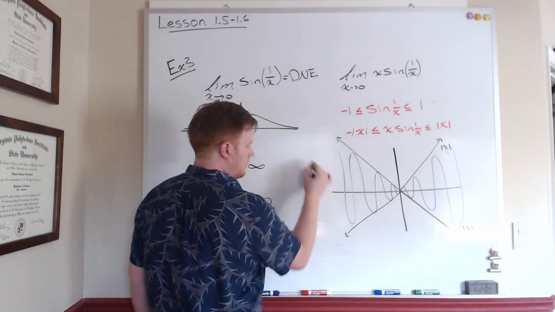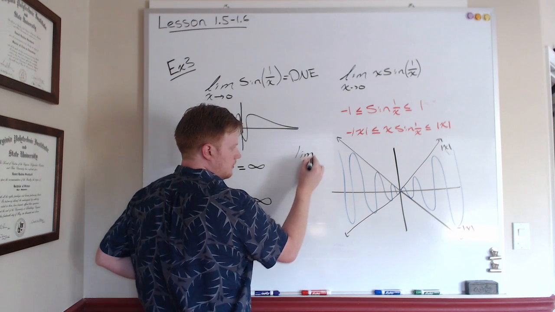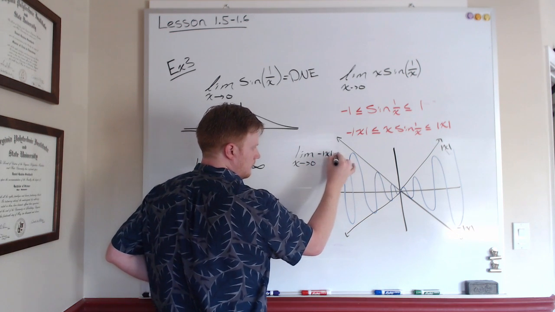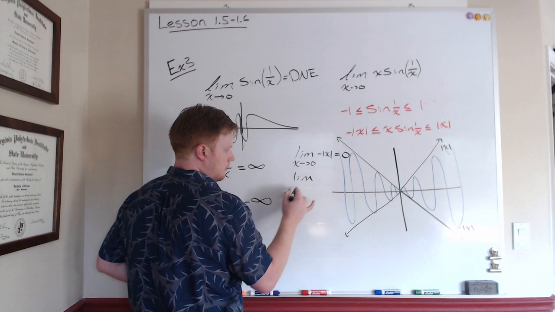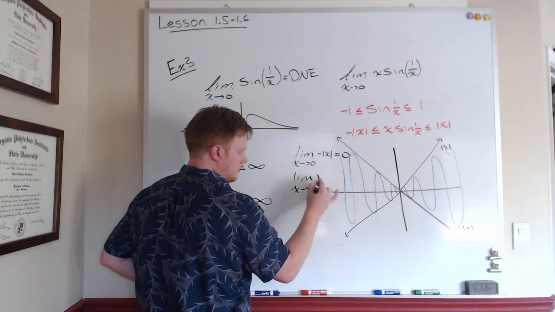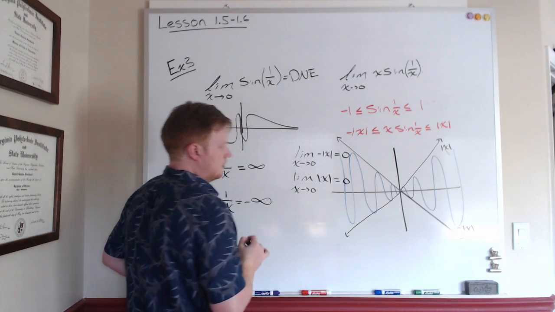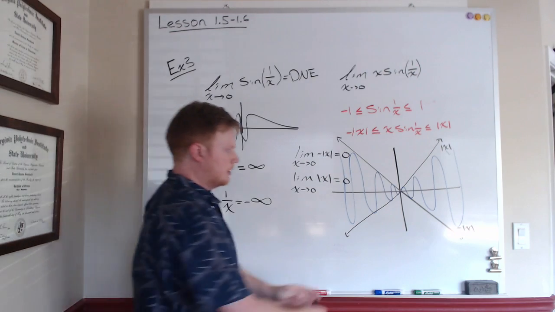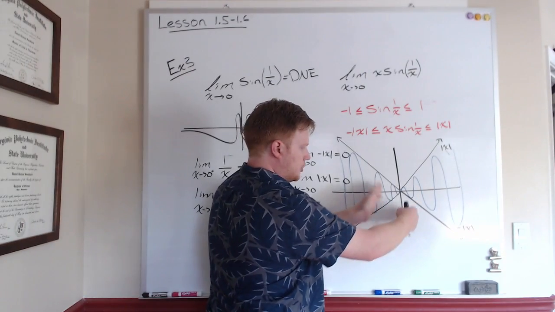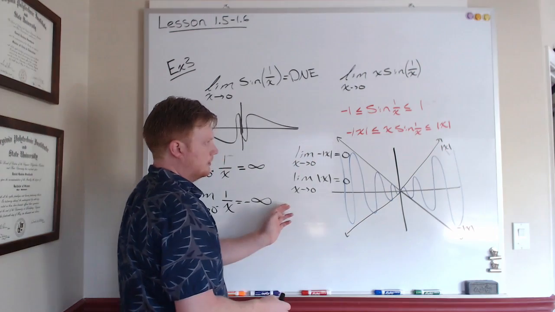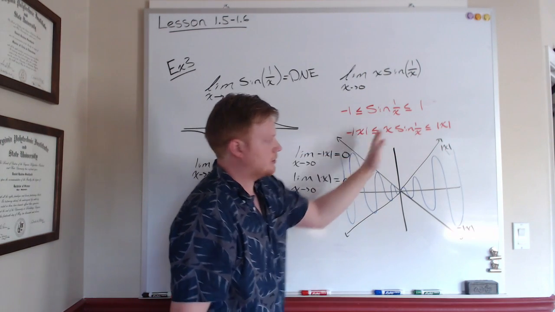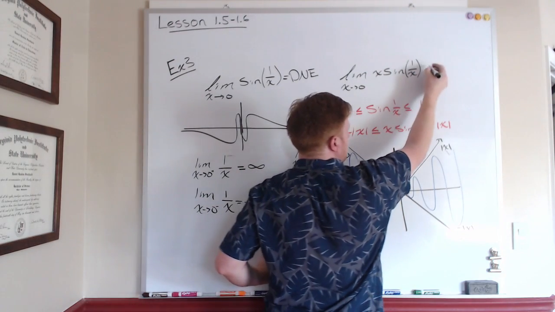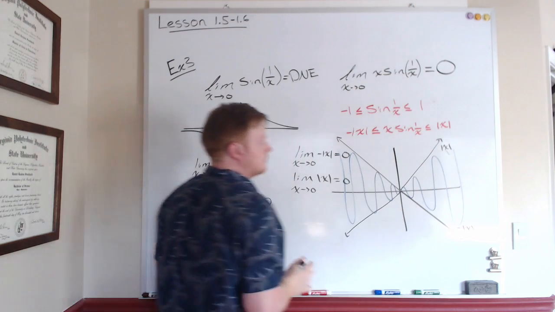Let me write this here. Well, if the limit of these two bounding functions both equals 0, and we could limit ourselves to some interval, say negative pi to pi, and x sine of 1 over x is always between those two functions, then the limit of x sine of 1 over x as x approaches 0 must be 0.